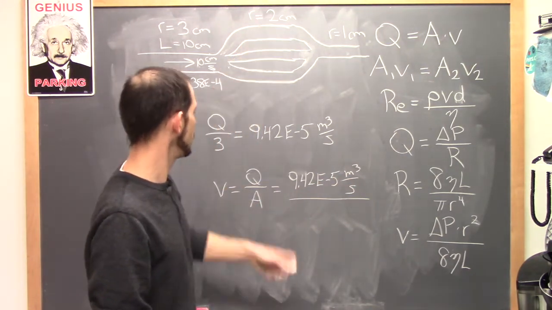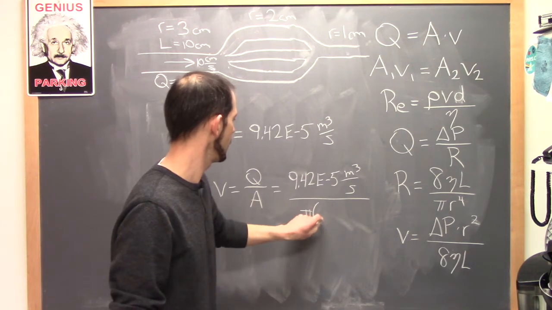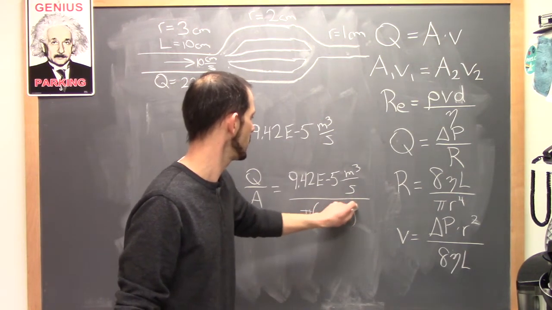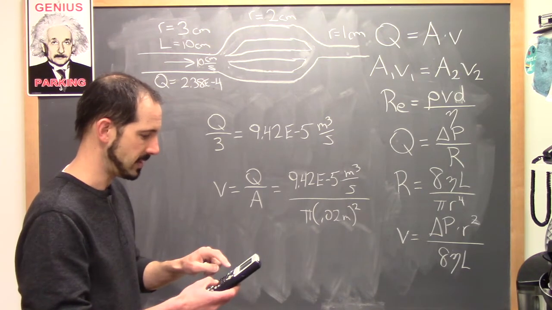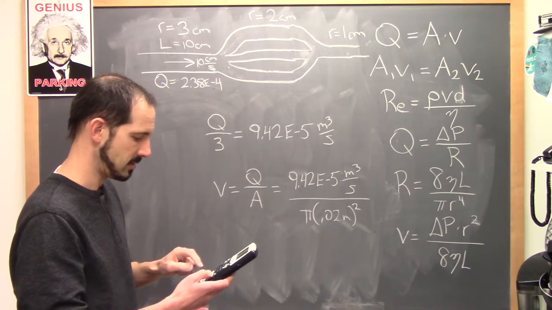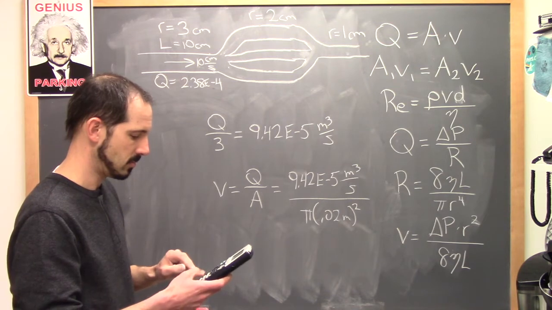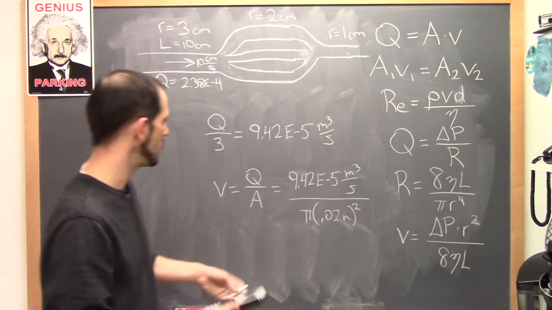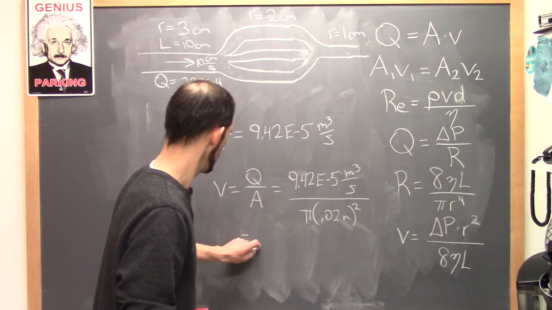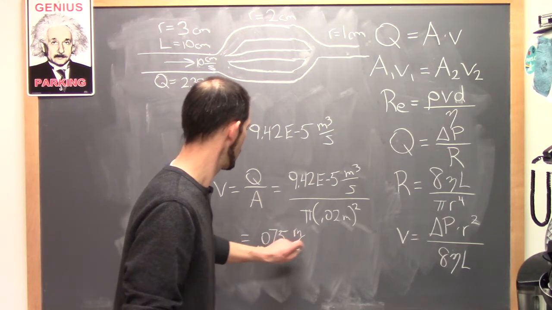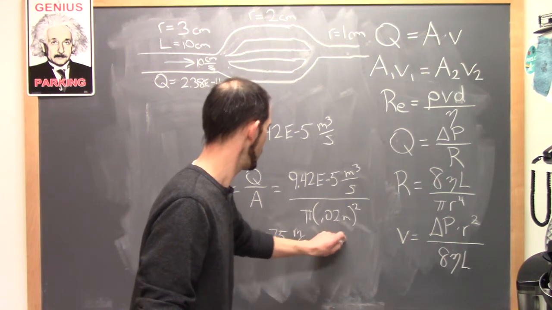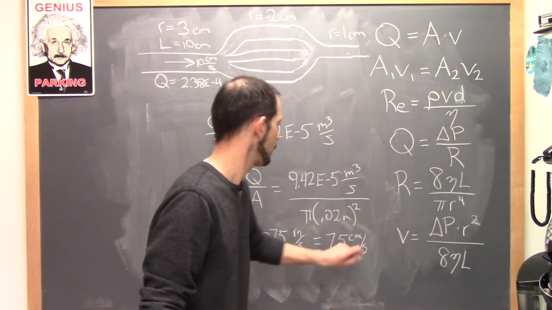Now we have a radius of 2 centimeters, so pi times 0.02 meters squared. So I have the 9.42 still saved here, and we'll divide that by pi times 0.02 times 0.02. And I get 0.075 meters per second, which is the same as 7.5 centimeters per second.